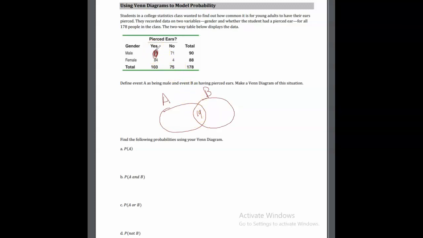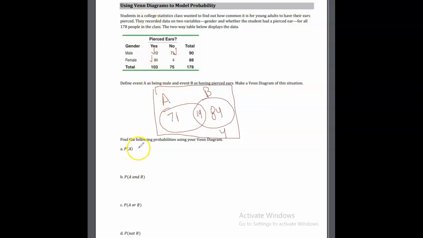So I've used that number. Male without ears pierced is 71. Ears pierced but not male, which would mean they're female, is 81. I still need to put this 4 somewhere. So this 4 just goes outside. That means they're not male and they don't have their ears pierced.